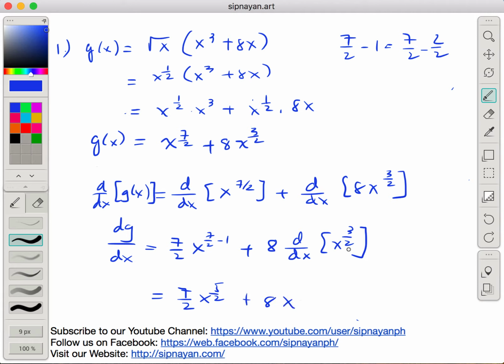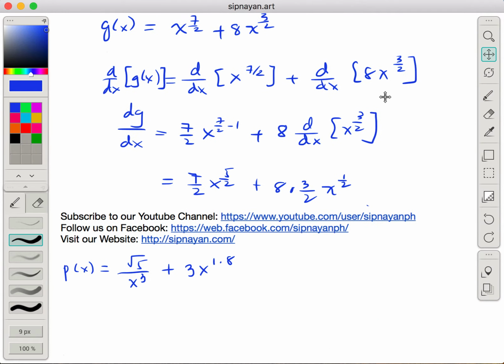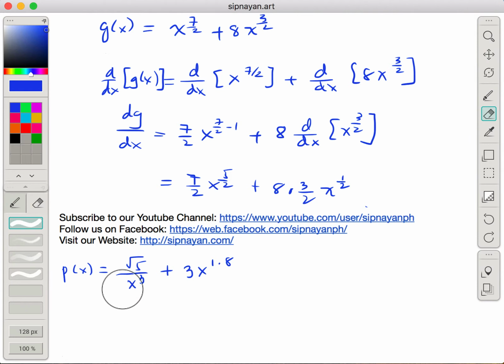x to the, what is the derivative of x to the 3 halves? X times 3 halves. Sorry, 8 times, tama, 3 halves. Binaba ko yung 3 halves. And then, I put x, and then subtract 1 from 3 halves, magiging 1 half na siya. Okay? And simplifying, we have, meron pa tayo dito, pero mukhang hindi na tayo matatapos.